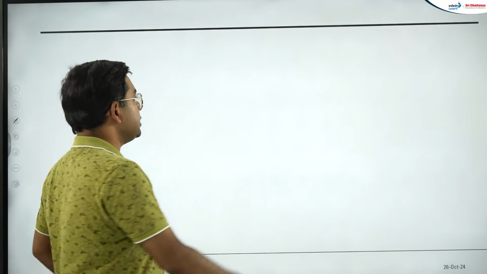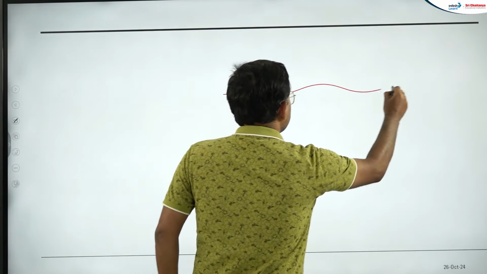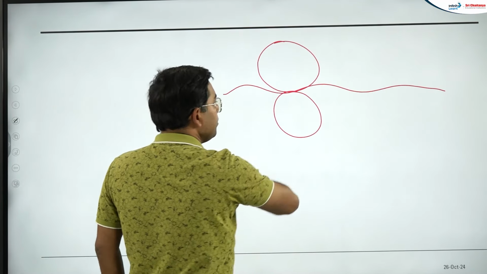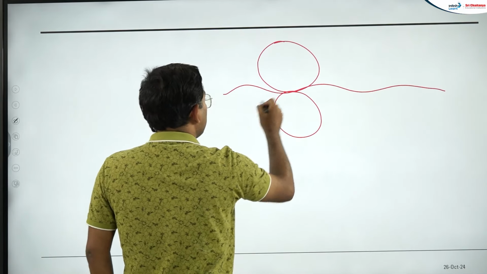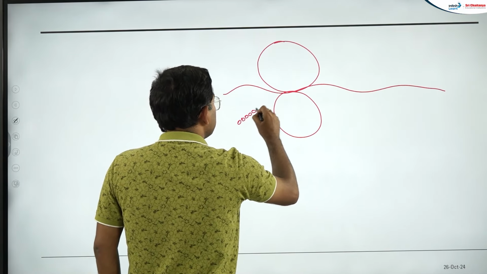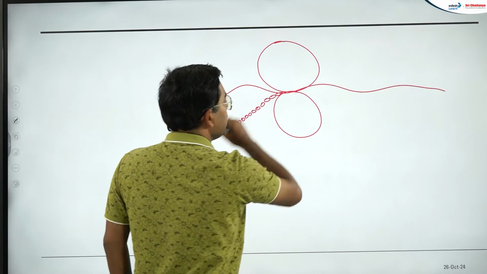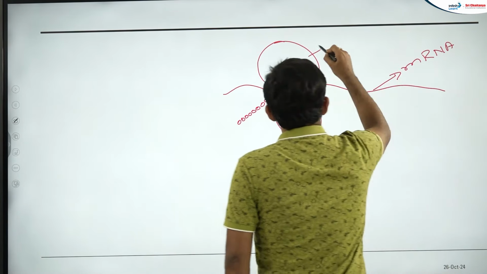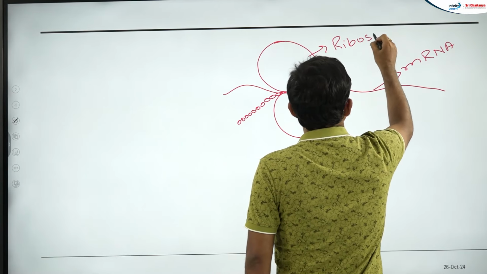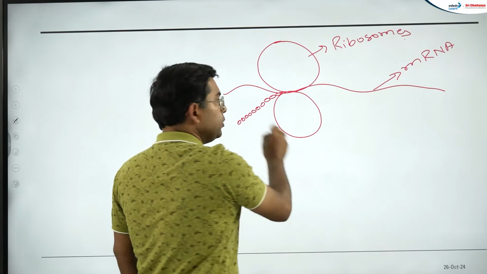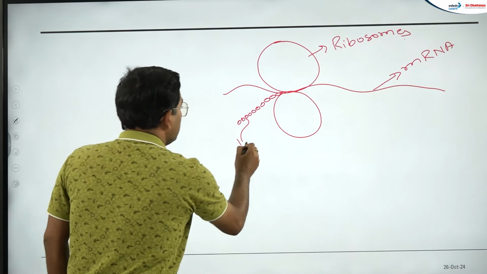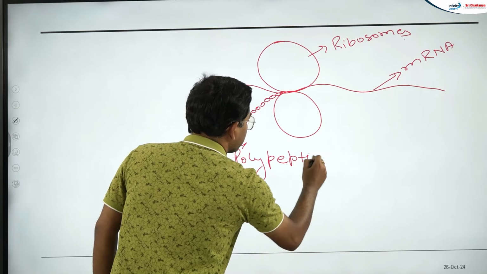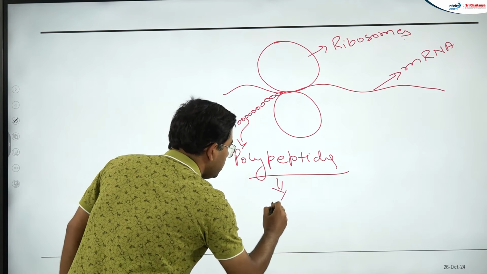In translation, the mRNA will be there, the 2 subunits of the ribosome will be there, and they will form the polypeptide, which will ultimately form the protein.